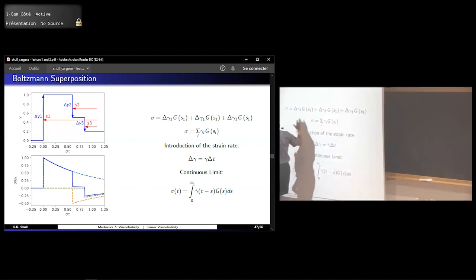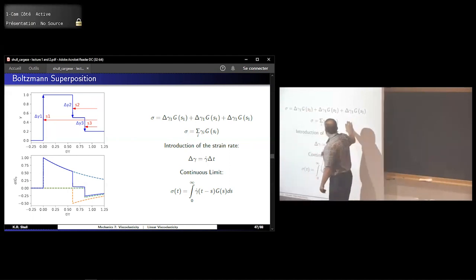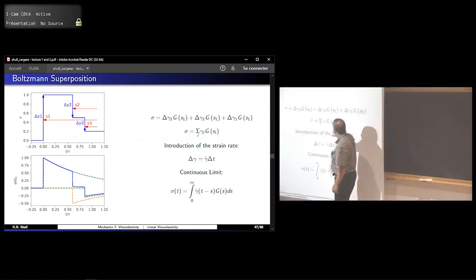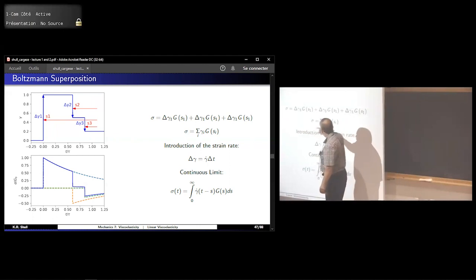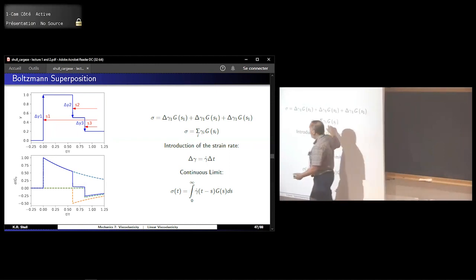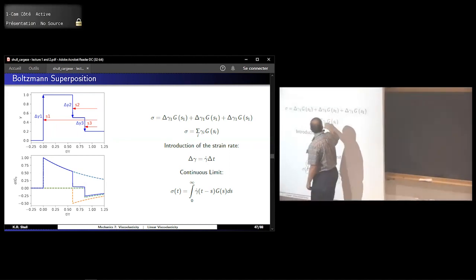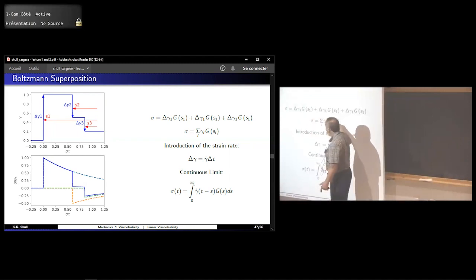So I just sum all these components up, and they all have their relaxation time. The amount of stress that's left is just G of S, basically. So I multiply by the strain that I put in at any given time. That's the strain, and this is how much is left after a given time.